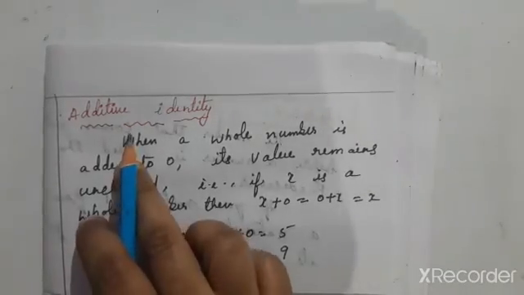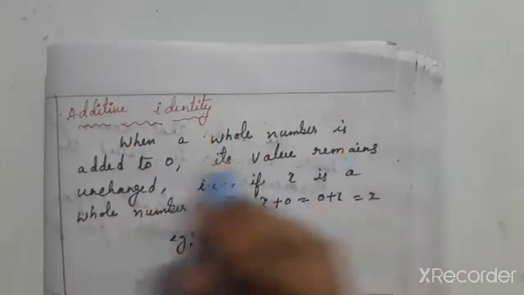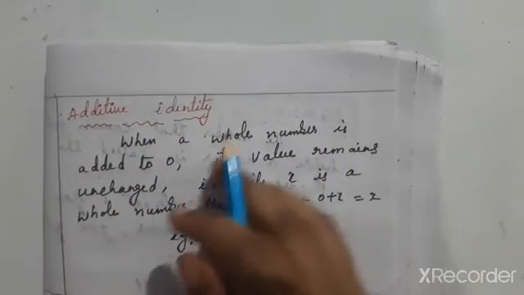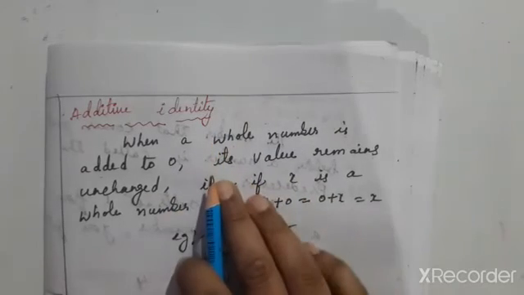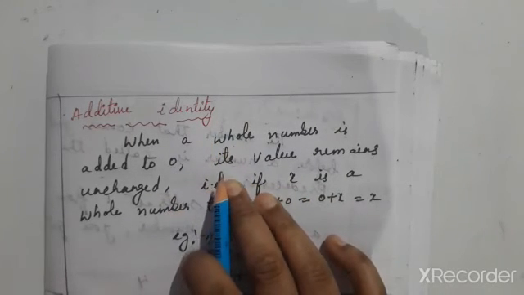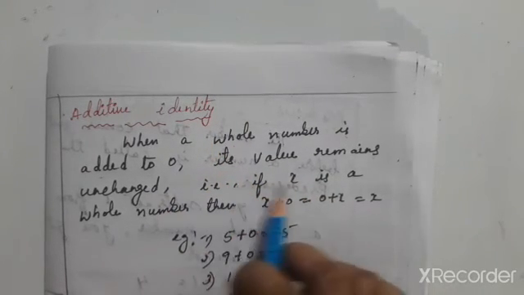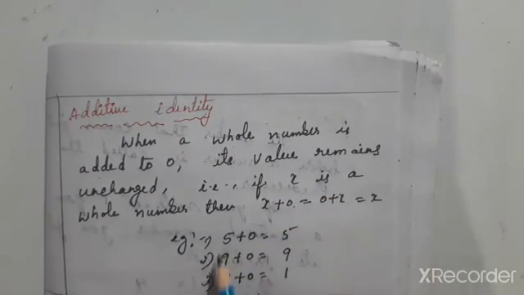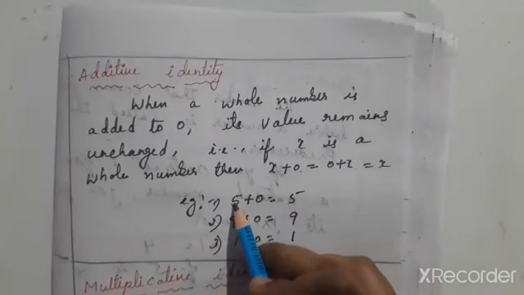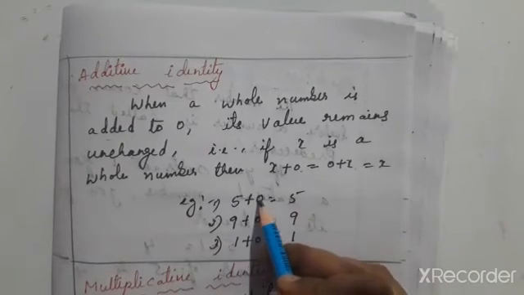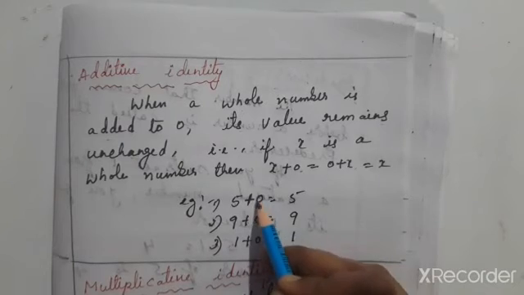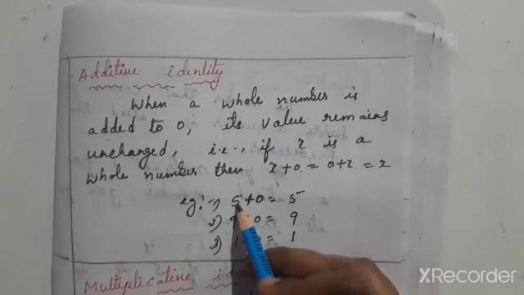Now next is additive identity. When a whole number is added to 0, its value remains unchanged. If any whole number is added to 0, the answer is the number itself. For example, x plus 0 or 0 plus x is x only. 5 plus 0: you had 5 rupees and got no money from your friend, the money is not increased, with only 5 rupees you have.